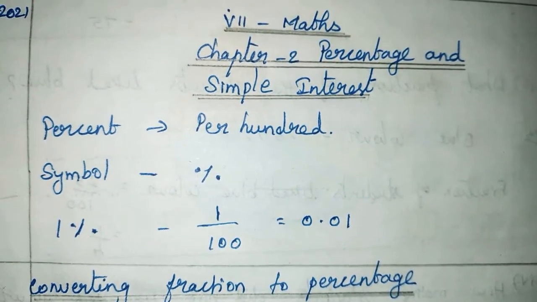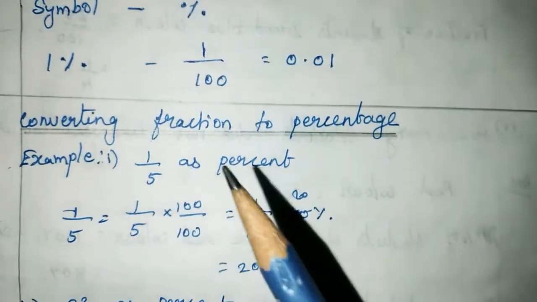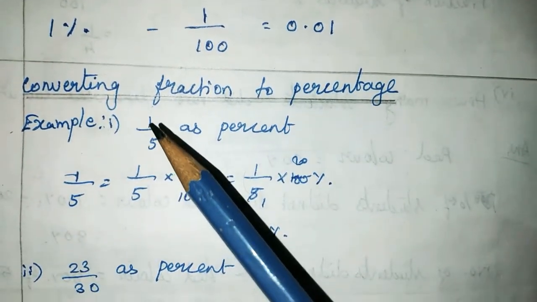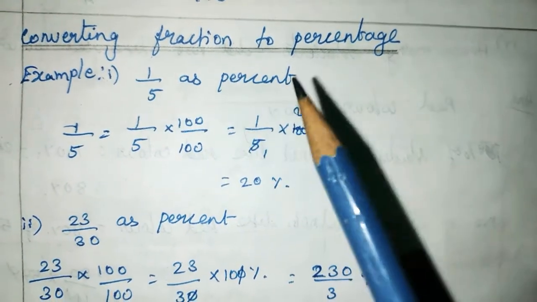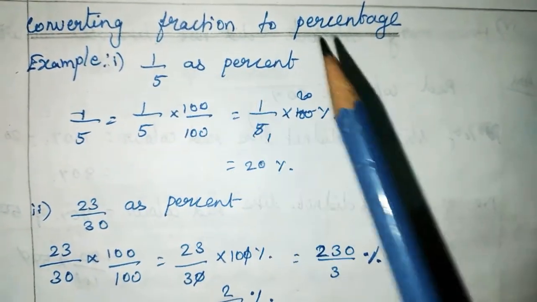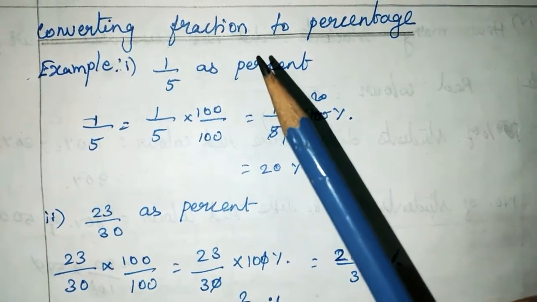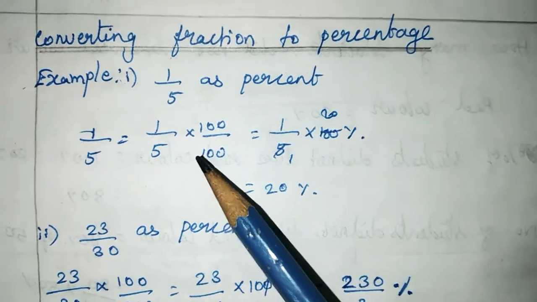Next we can see how to convert a fraction to a percentage. Here the fraction is given, and you have to convert this fraction as percent. Example: 1 by 5 as percent. Percent means per hundred, that is, the denominator should be 100.